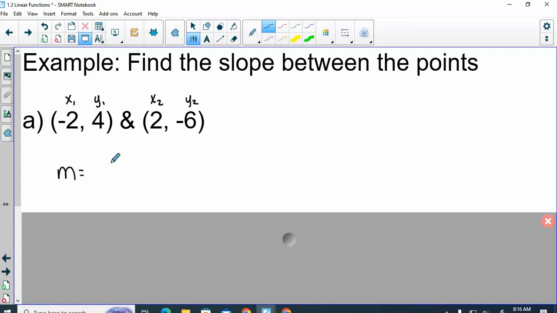So slope is y2 minus y1 over x2 minus x1. So we get negative 10 over 4. Typically we leave our slope in fraction form just for graphing purposes, but it does need to be in lowest terms. So this would reduce to negative 5 over 2.